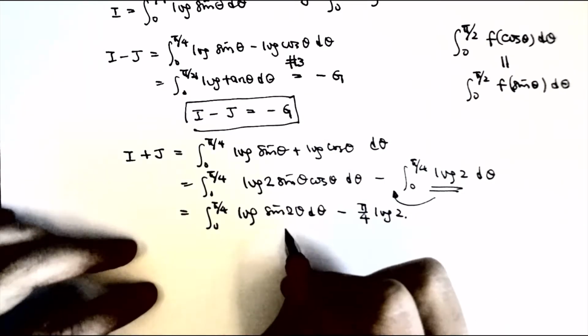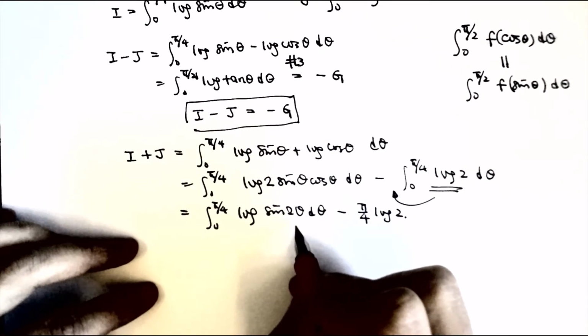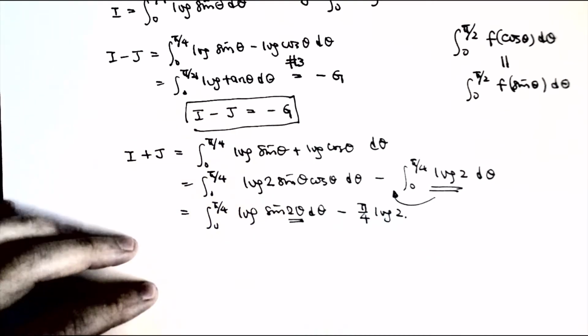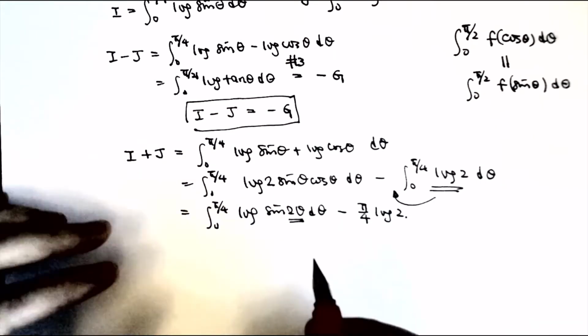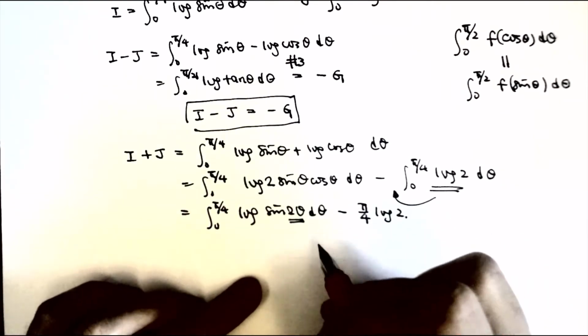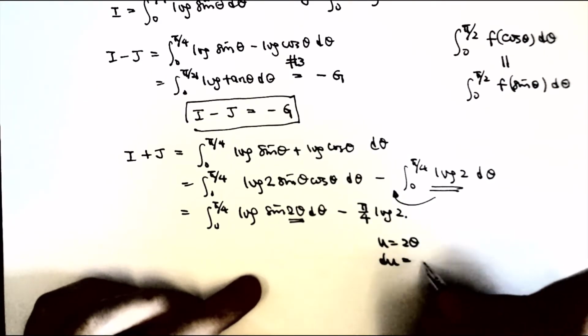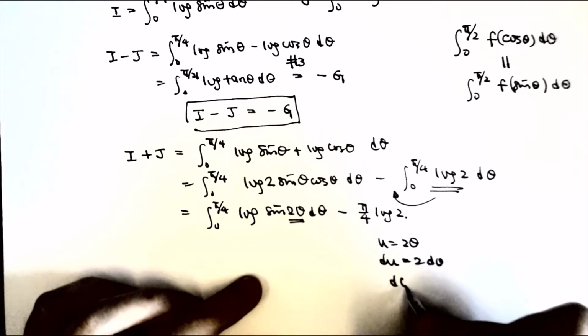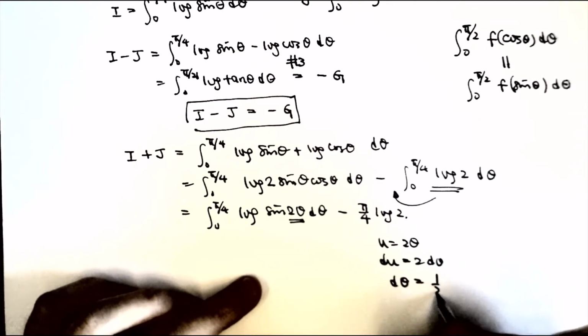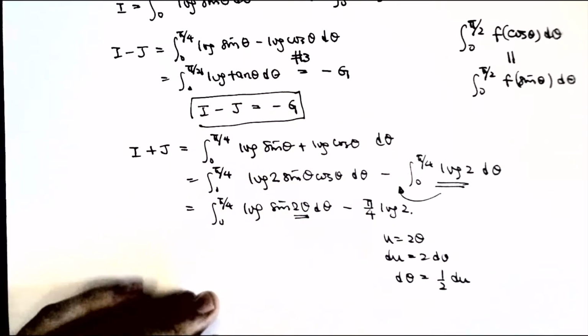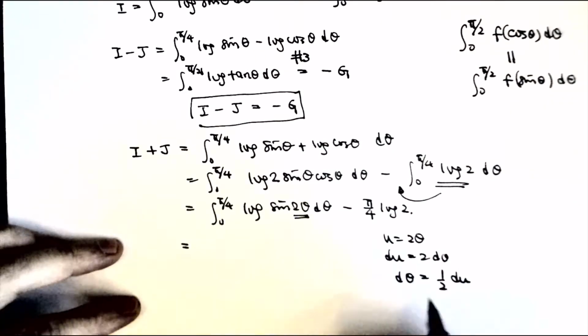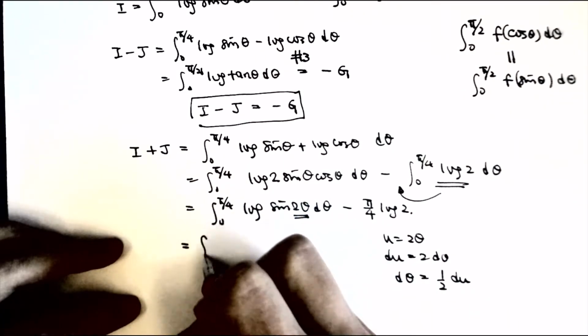For this one, it looks very similar, because of the 2 theta here. If this were theta, then that would be perfect. So we use the u substitution, u equals 2 theta. Then du will be 2 d theta, so d theta will be 1/2 of du. We put everything into this integral.